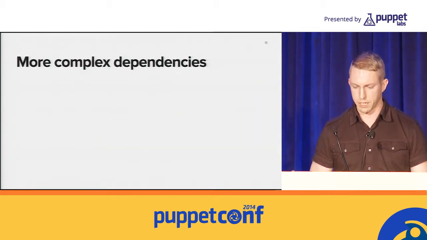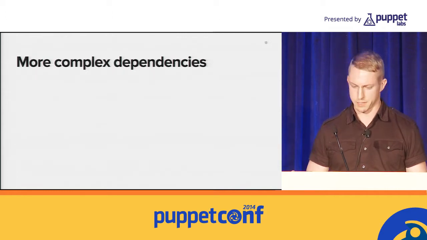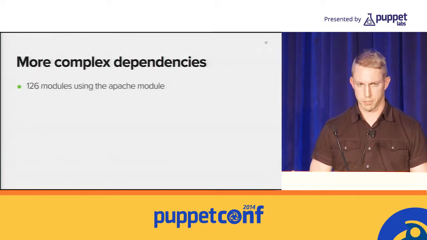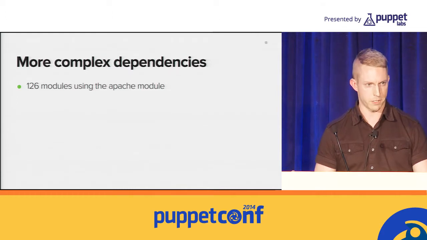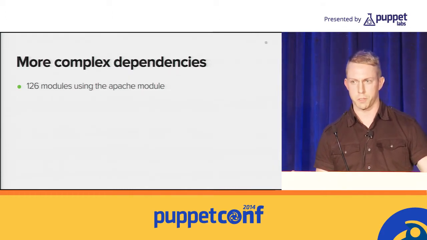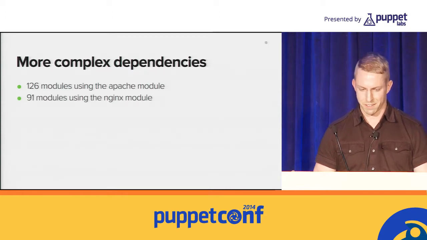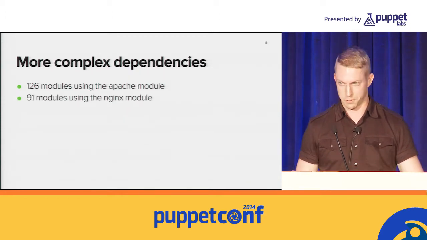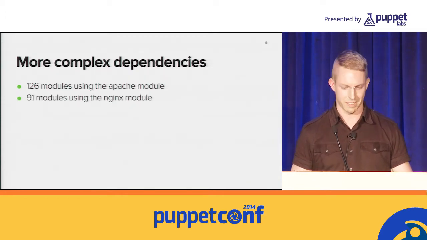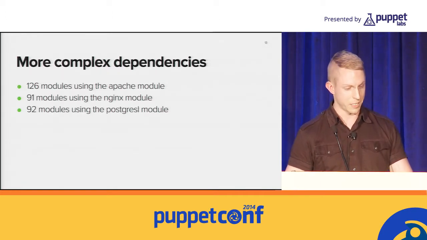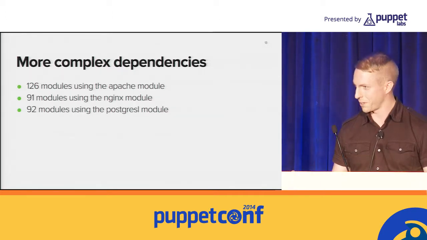So because of this, you get a lot more complex dependencies. For example, in our Puppet repo, there are 126 modules that are using the Apache module. We have 91 modules that are using the Nginx module. We have 92 modules that are using the Postgres module.